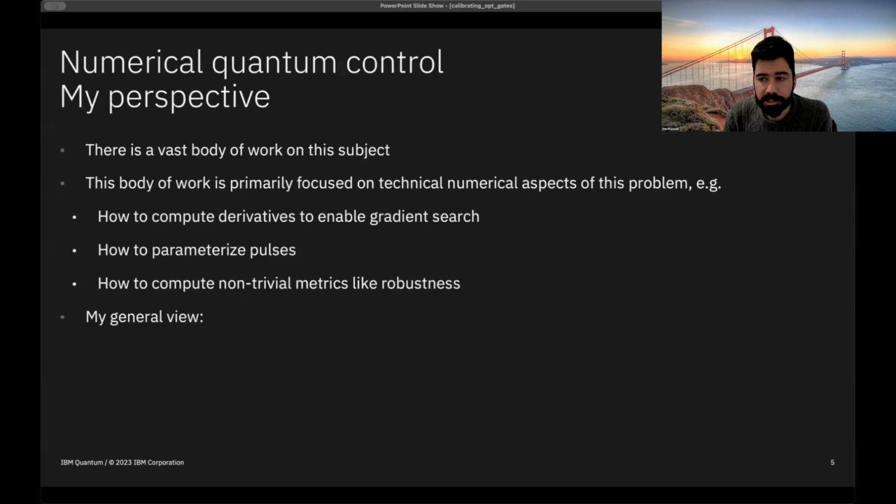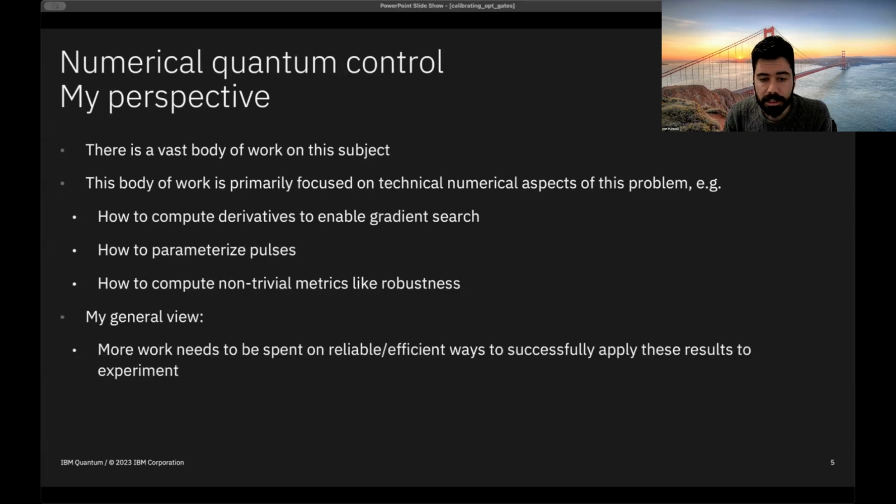And so my general view is that all of this work is great, and I do stuff in here too. But my general view is that more work needs to be spent on how to reliably and efficiently translate these things to experiment. There's a whole body of literature on doing these optimizations in the numerical aspects of it.